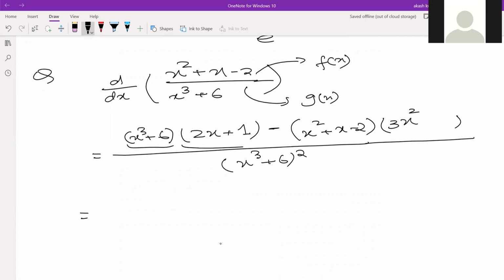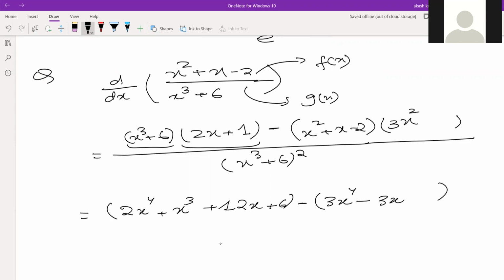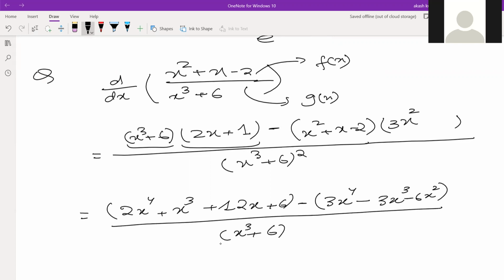We have to multiply the two expressions. So x cubed with 2x first, it will be 2x4. And then x cubed with 1, it will be x cubed. 6 with the whole expression, it will be 12x, and plus 6 with 1, 6. Is it clear? Yes. Okay. And now multiplying x squared plus x minus 2 with 3x squared, it will be 3x4 plus 3x cubed minus 6x squared, divided by x cubed plus 6 whole square.